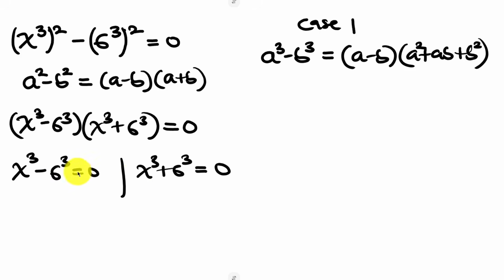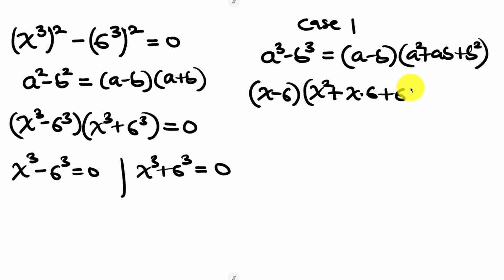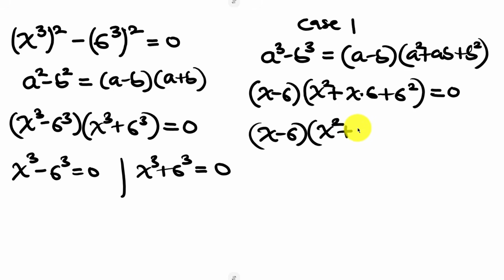Now writing this, it will be x minus 6 times x squared plus x times 6 plus 6 squared, and this is equal to 0. Now simplifying what we have here, we have x minus 6 times x squared plus 6x, since x times 6 is 6x, and then plus 6 squared, which is 36.